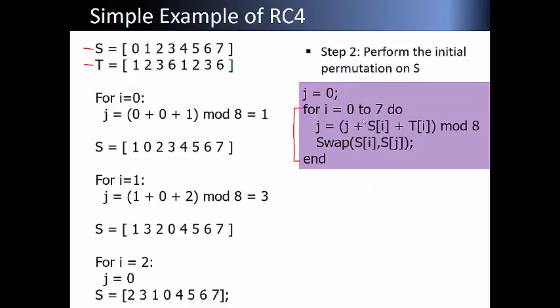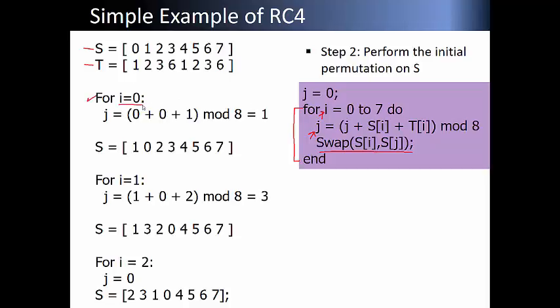And then for i, we need to compute j, and finally we want to swap. Okay, that was the algorithm that we looked at. This is a simplification. So, for i equals 0, this is the first step.